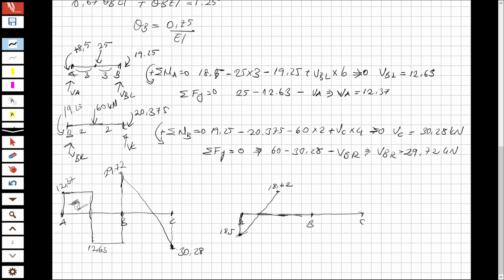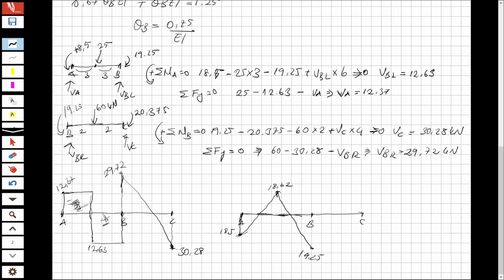And I will go down, because if this is positive, this is negative, and if this is negative, this is positive. So I will take the area of that until this point. That will be 19.25. And now I reached this point.